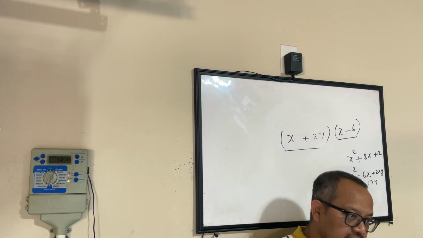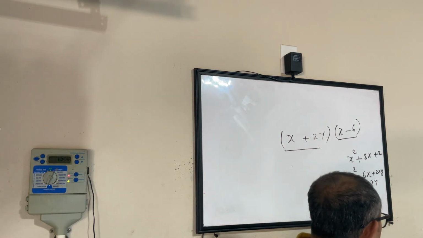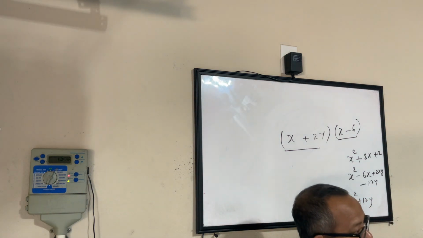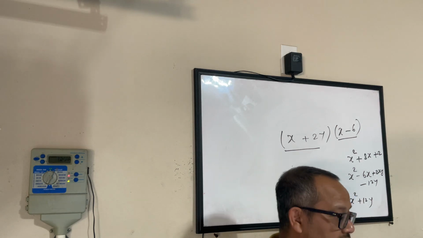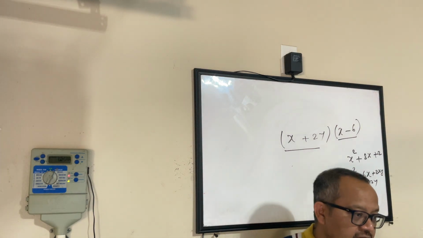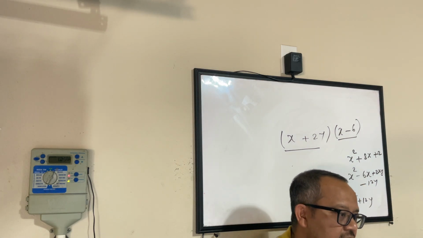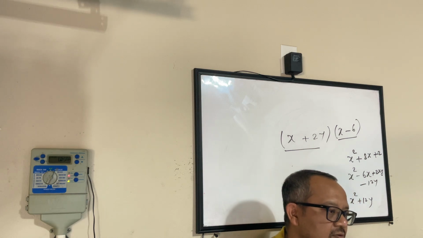How about you, Dikshita? I got x squared minus 6x plus 2yx minus 12y. Okay. How about you, Sandin Surin? I got y is equal to x squared minus 6x minus 2x minus 12.